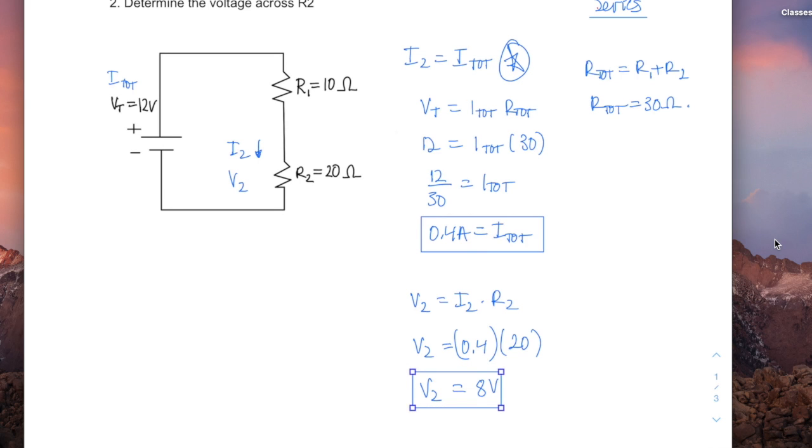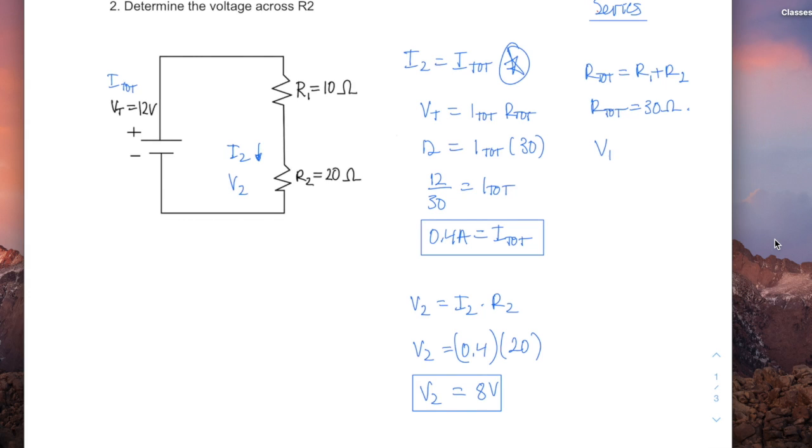Again, because I have a series circuit, I know that V total equals V1 plus V2. So even though we're not asked, we know that 12 equals V1 plus 8 volts. So that means V1 is 4 volts. So what does that mean?